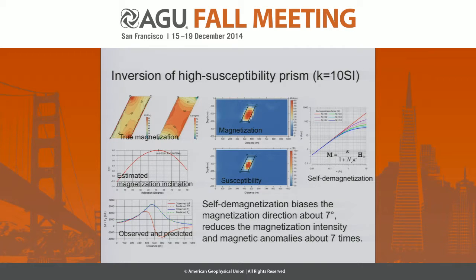This is our inversion result and the estimated direction, and this is the susceptibility distribution. The self-demagnetization deflects the magnetization direction by 7 degrees and reduces the magnetization intensity and the magnetic anomalies about 7 times.